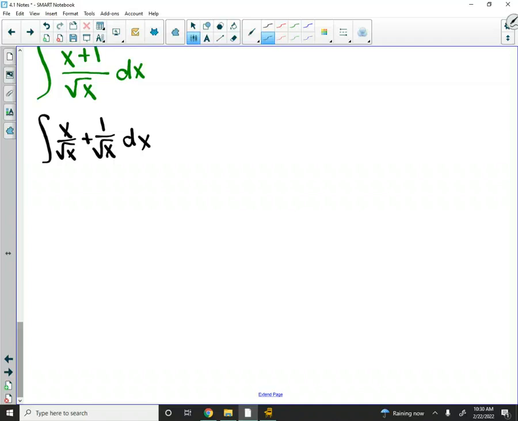Yeah, subtract. So a 1 minus 1/2 would mean that's x to the 1/2 power. And then this, there's nothing on top of that 1, so we can bump it up. That would be x to the negative 1/2. And then each of those are a power rule. I'm going to leave that side for a second. So one method, divide each of them by their denominator.